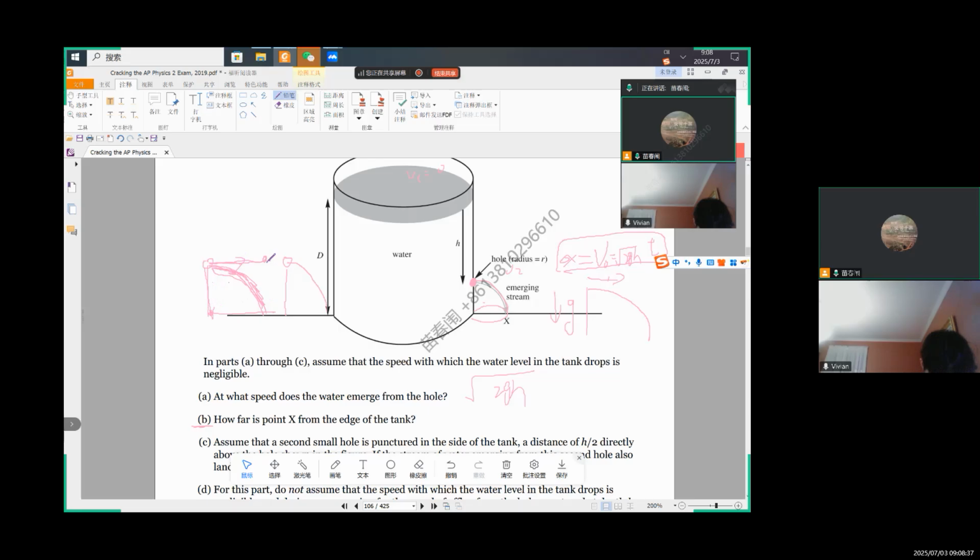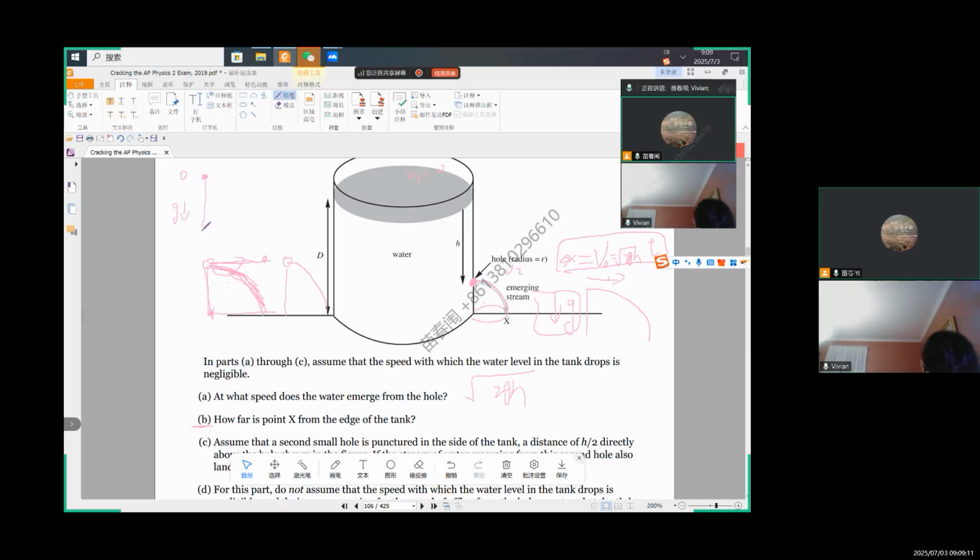So can you find the time t in the vertical direction? Vertically, I know there's g acceleration, and the initial velocity vertically is 0, because you're shooting out horizontally.